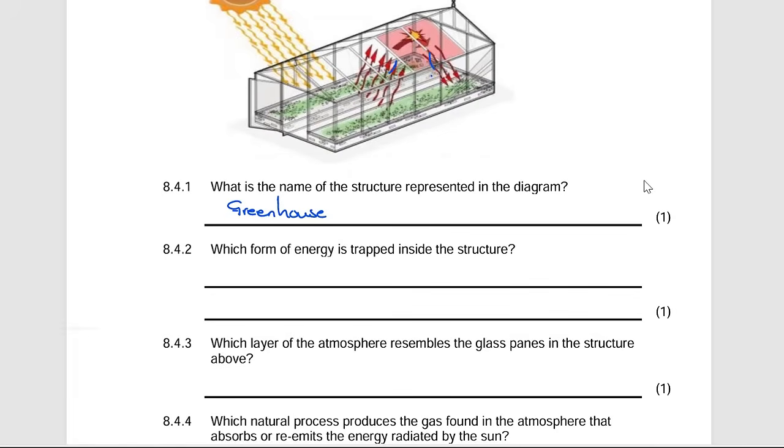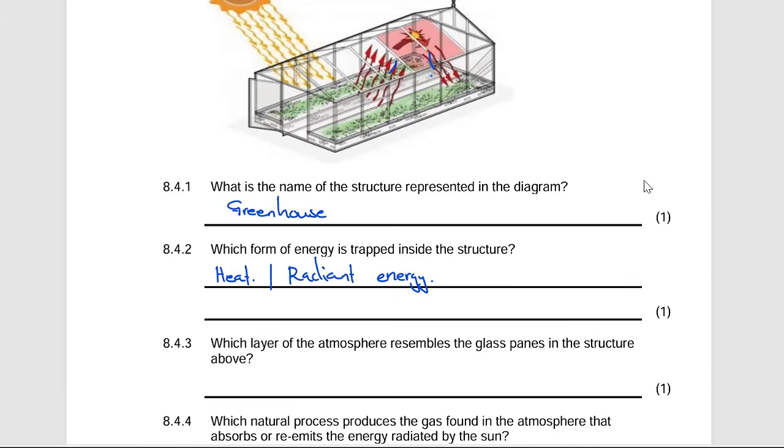Then 8.4.2, which form of energy is trapped inside the structure? So it means heat is going to be trapped there, or you can just say it's radiant energy, right? So energy through radiation, which is our heat.